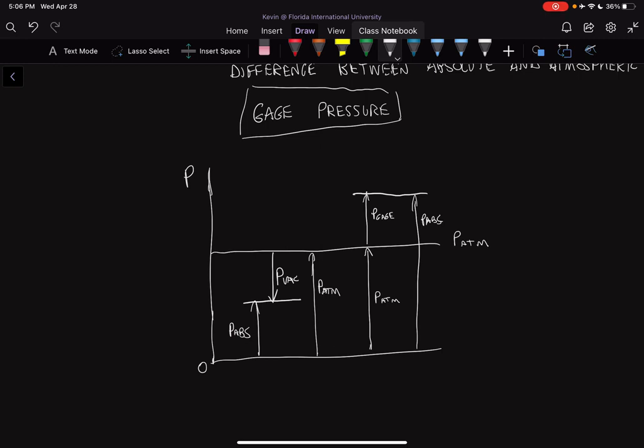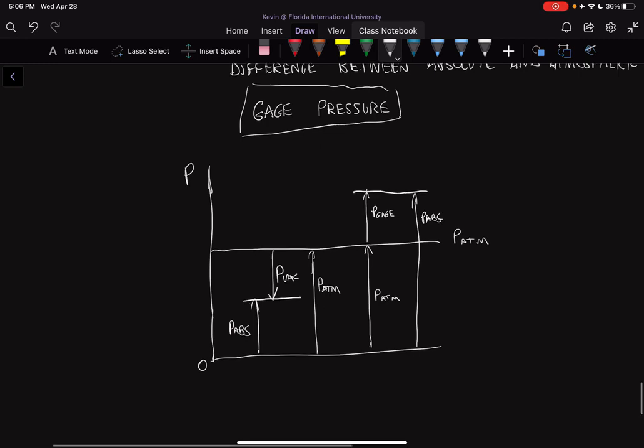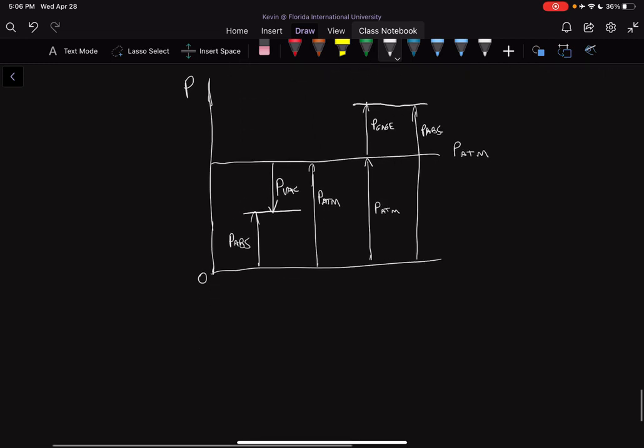Okay? So we can summarize that if the pressure is higher than atmospheric pressure, we have this following equation: pressure gauge is equal to pressure absolute minus pressure atmosphere. And if we do have a vacuum, the pressure for a vacuum would be equal to P atmosphere minus P absolute.